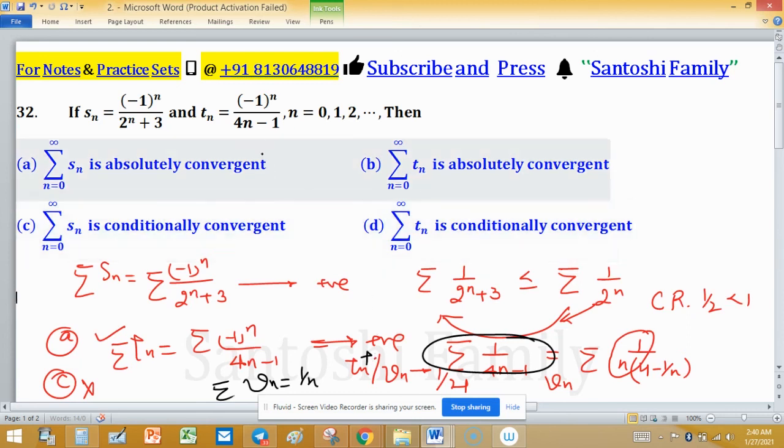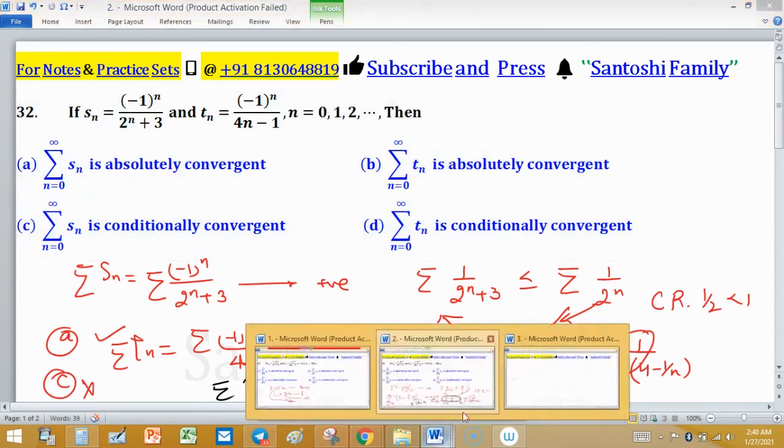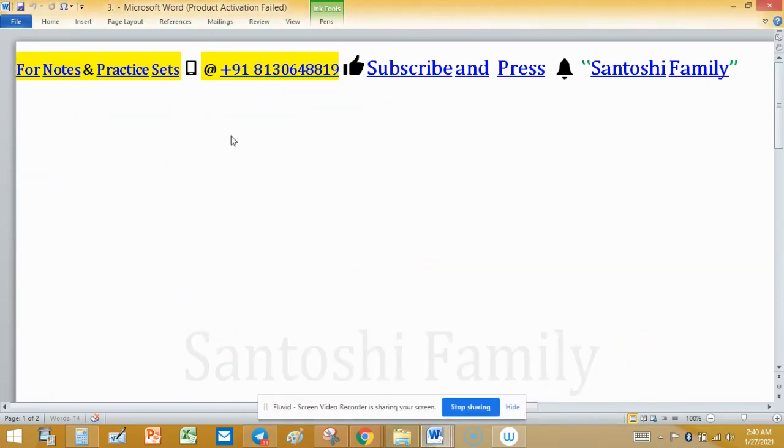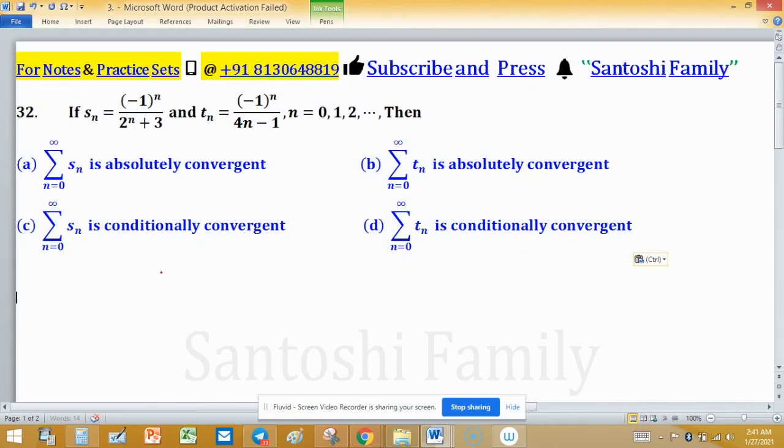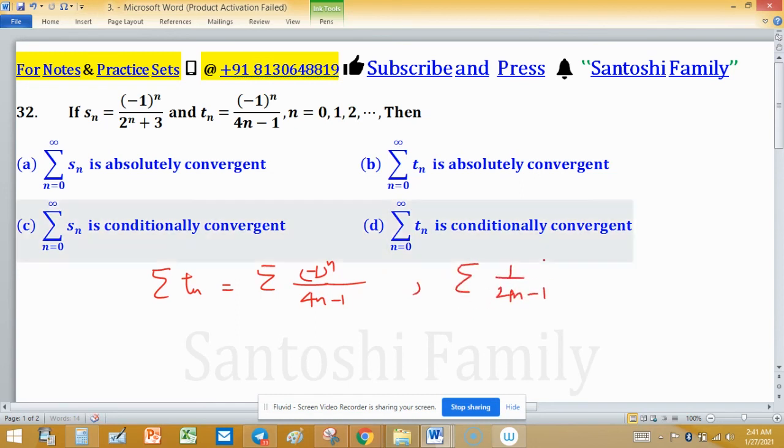But you can say by the Leibniz test, for the series Tn, (-1)^n upon 4n minus 1, you need only the part without the sign. It means the series 1 upon 4n minus 1. Consider this as an, so an equals 1 upon 4n minus 1.